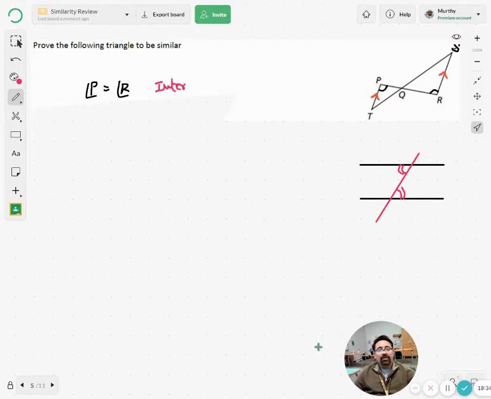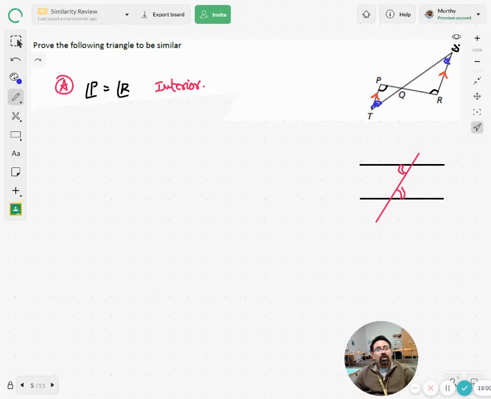So interior alternate angles, so angle equals angle, and I'm taking the next one, say angle T and angle S. You see that these two are on either side, one above the line, one below the line. This way also you can consider.